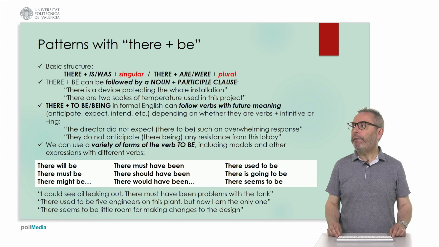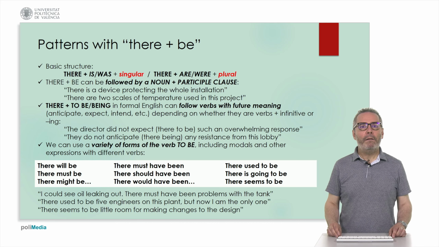For example, the director did not expect there to be such an overwhelming response. Or they do not anticipate there being any resistance from this lobby. This is a very formal alternative to the normal alternative in normal English.